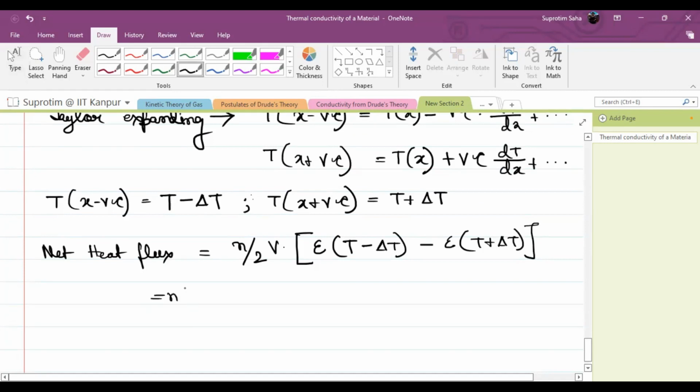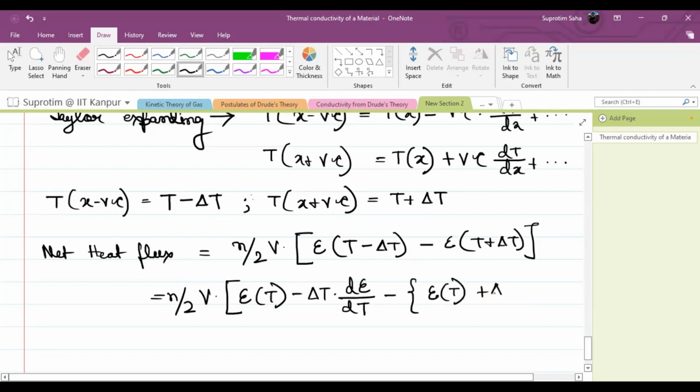And this will be given by n by 2, and we are going to ignore the higher order terms, only taking the first derivative. So this is n by 2 times v times epsilon at temperature T minus delta T times d epsilon/dT, minus epsilon at T plus delta T times d epsilon/dT.